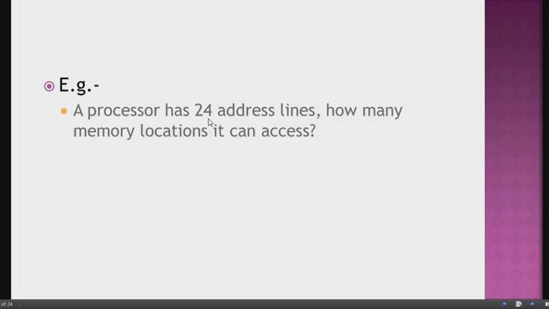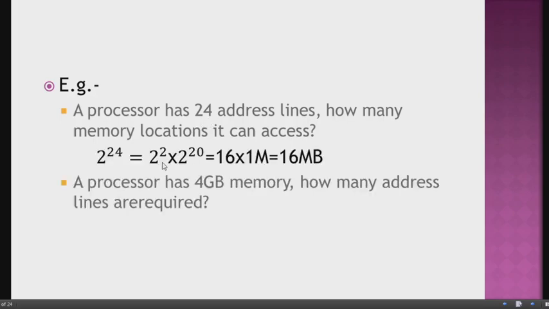How can you find out the answer? It is 2 raised to capital N, which is equal to 2 raised to 24, and it is represented as 2 raised to 4 into 2 raised to 20.